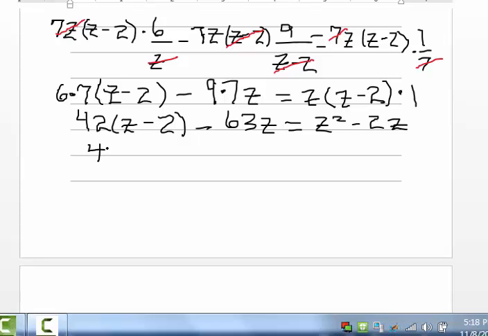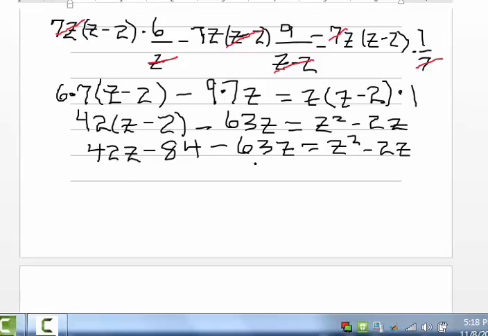So distributing, we get 42z minus 84 minus 63z equals z squared minus 2z. Let's combine the like terms on this left side, and we get minus 21z minus 84 equals z squared minus 2z.